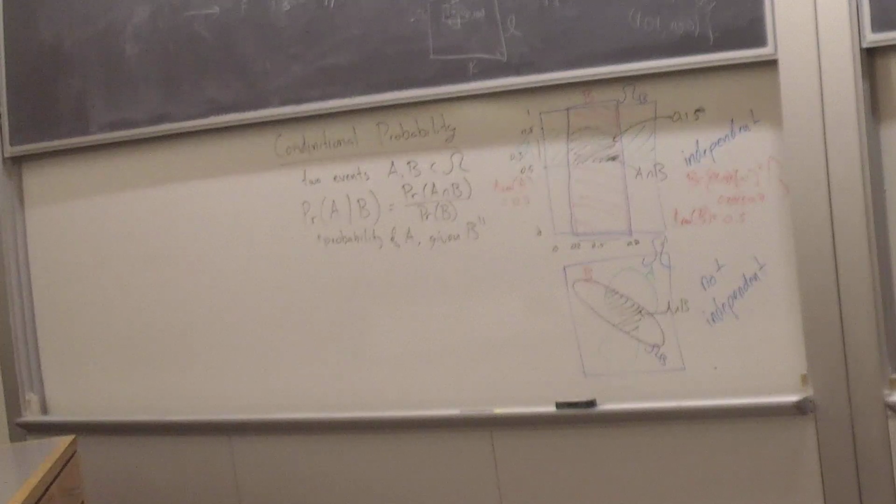Now I want to check that the probability of the intersection corresponds with an area of 0.15.